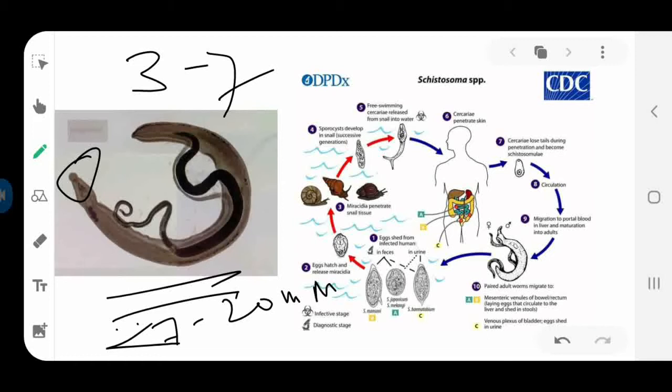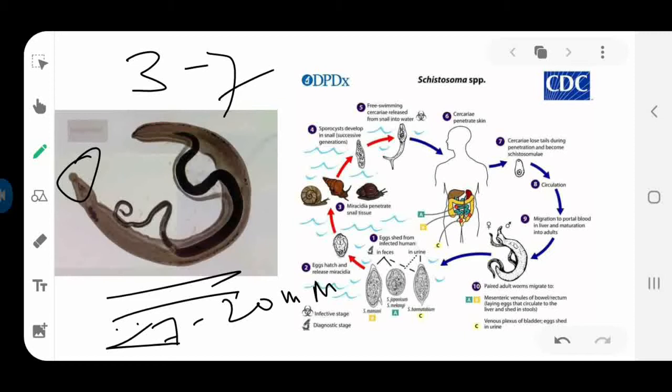Within the snail, the miracidia progress through 2 generations of sporocysts to become cercariae. The free swimming cercariae are released from the snail and penetrate the skin of the human host. During penetration, the cercariae lose their forked tail, becoming schistosomula. The schistosomula are transported through the vasculature to the liver.